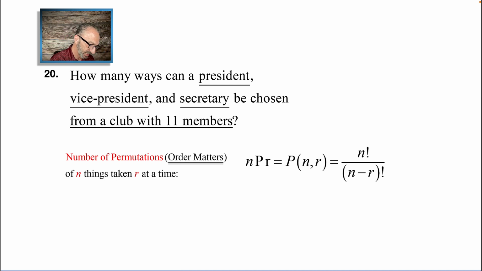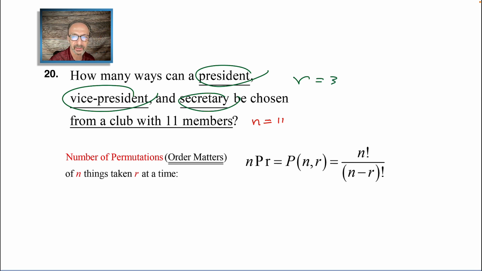So in this case, we have n equals 11, and we are looking at the president, secretary, and vice president, so r equals 3.